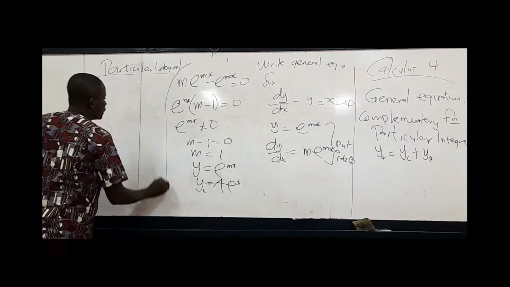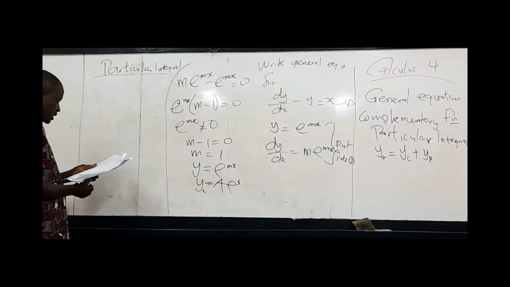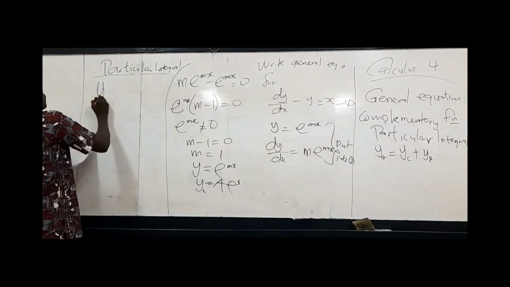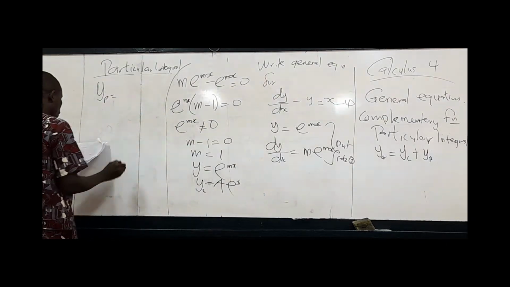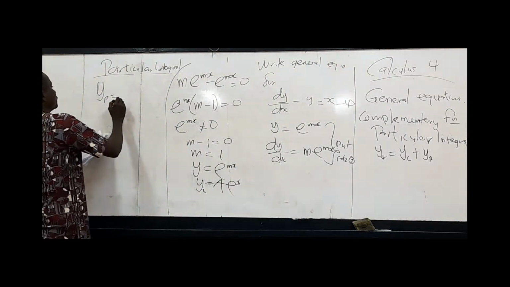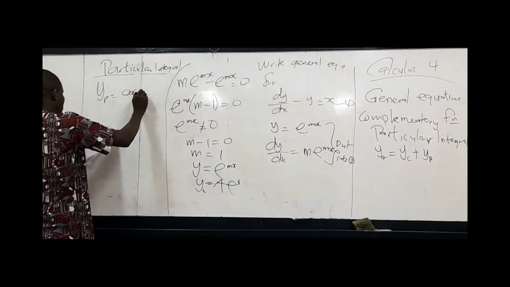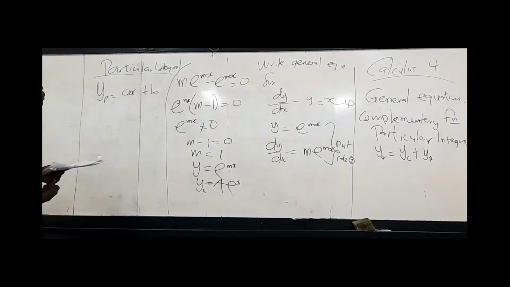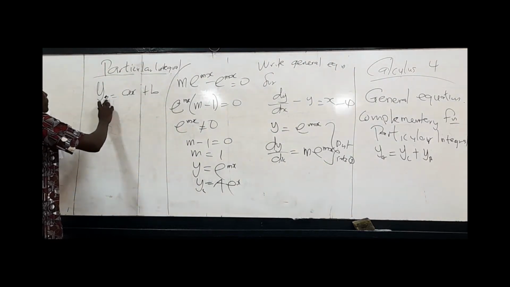Right? So under the particular integral, here once again we have something very interesting. I'm going to say that y_p is equal to ax plus b. Here once again we want to substitute, so y is equal to ax plus b, and this is the y_p or y particular integral.